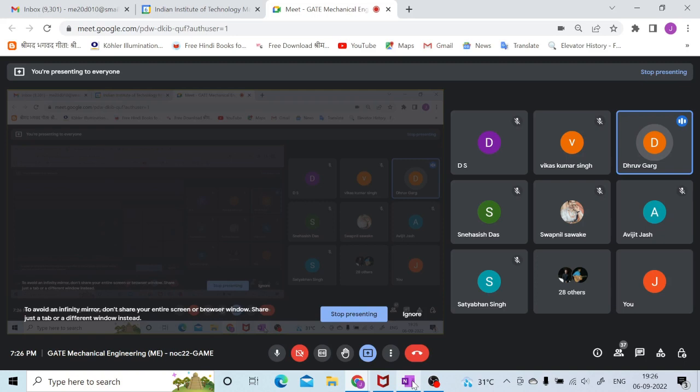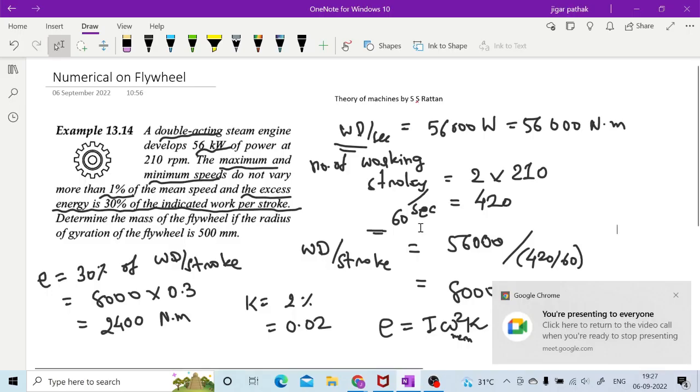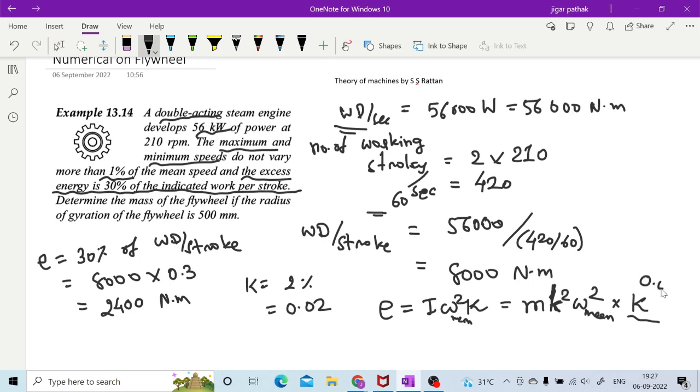Right now you have all the data with you, so can anyone calculate and tell me what the answer is? Please have your scientific calculator with you so that it will be easier to calculate. So this K is 0.02 and this k is 0.5, the radius of gyration.